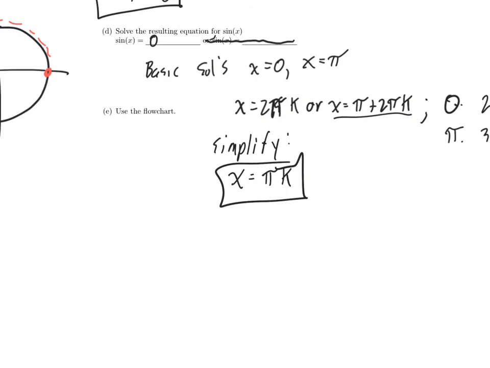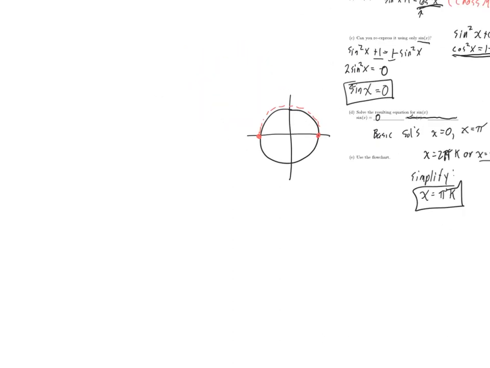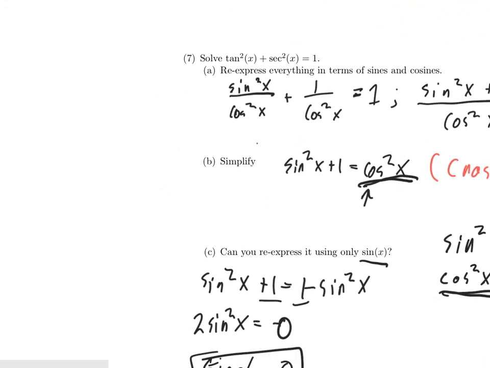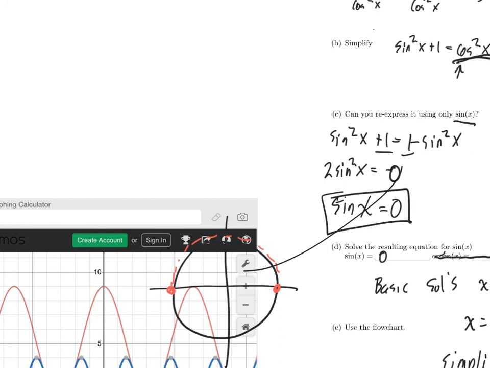And you know what? Again, let's see if this looks reasonable by graphing. I think I still have the graph up. Let's pull that down. Let's graph the solutions to that: tangent squared of x plus secant squared of x is equal to 1.